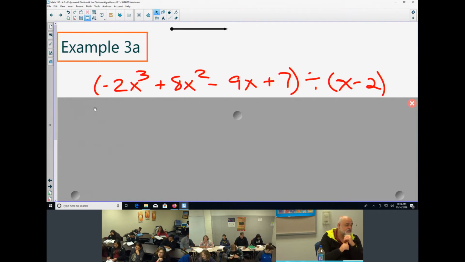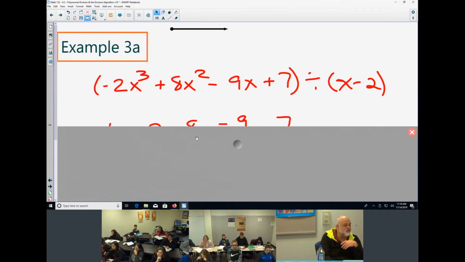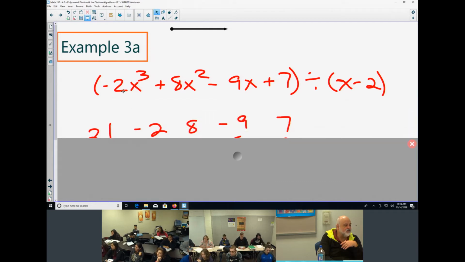Okay, so here we have x cubed, x squared, x, and a constant. No worries. It's in descending order. We don't need any placeholders here. Okay? So now what we do is we start off with just writing down the coefficients. -2, 8, -9, and 7.